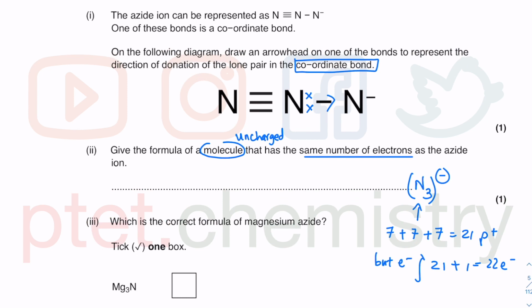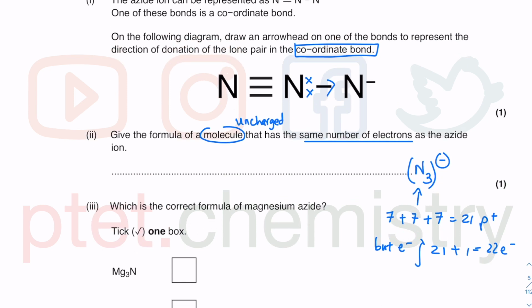I wonder, 22 electrons. If you look at a 22 electron molecule, let me think. CO2, there's 6 plus 8. That doesn't quite work. You want 22.